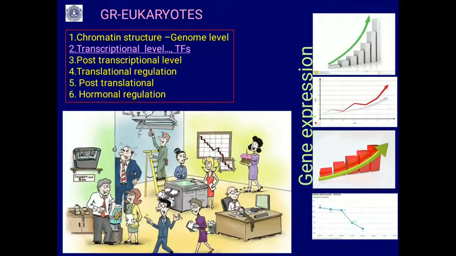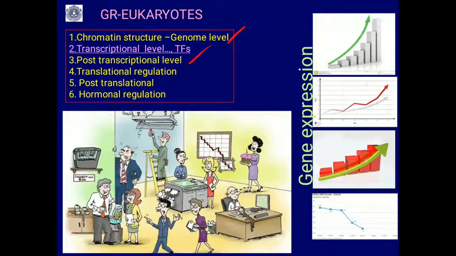So you know already, gene regulation in eukaryotes takes place at different levels. It is chromatin or genome level, transcriptional level, translational regulation, post-translational regulation, hormonal regulation, likewise.